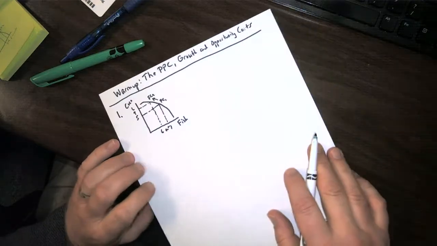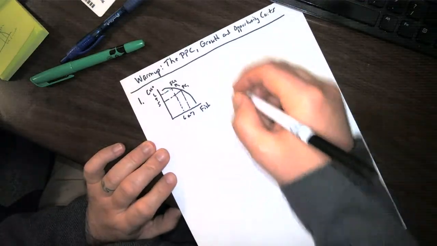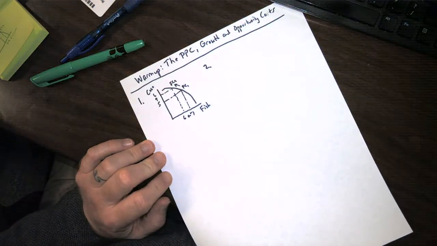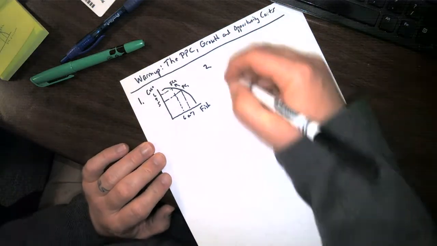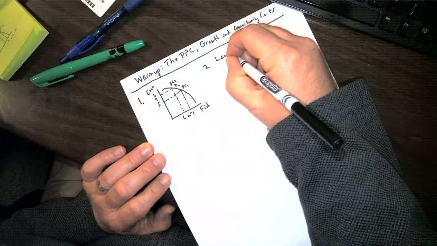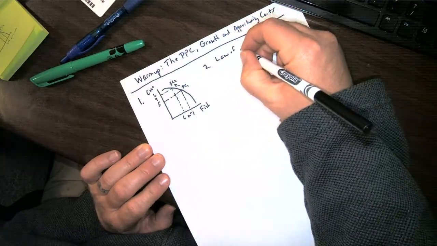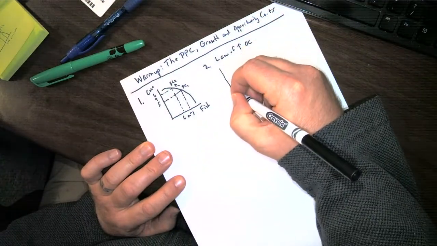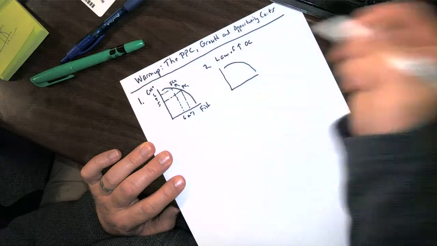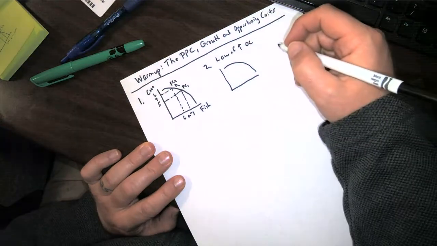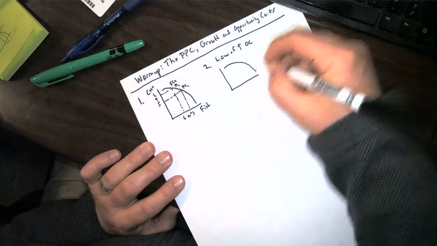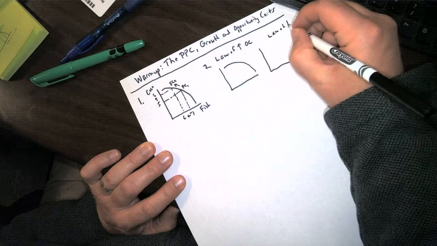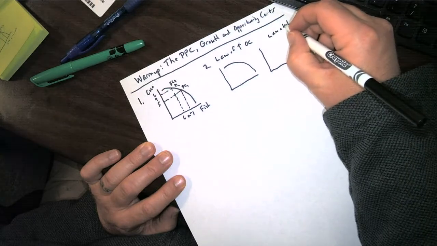So now, number 2, draw the 5 versions of the PPC. And the 5 versions of the PPC are going to be the law of increasing opportunity cost, and that's going to be a curve that bows outward. And we're going to have the law of decreasing opportunity cost.